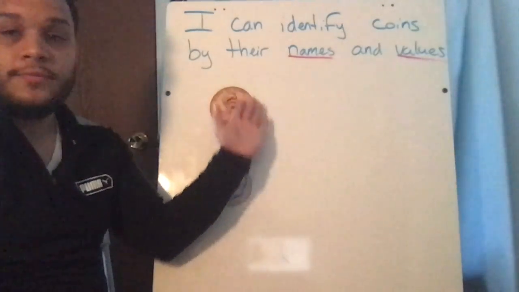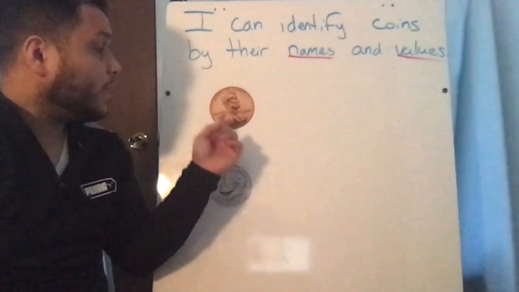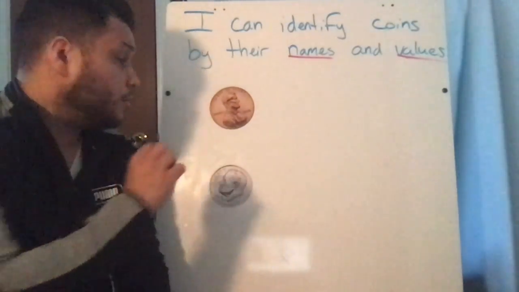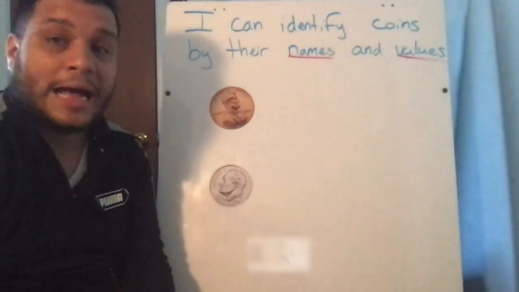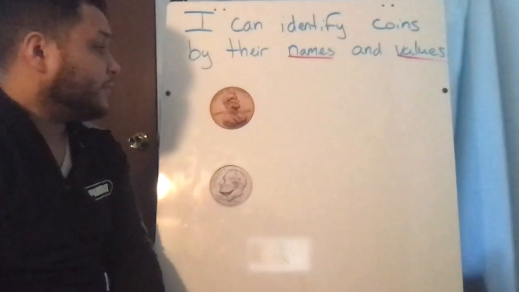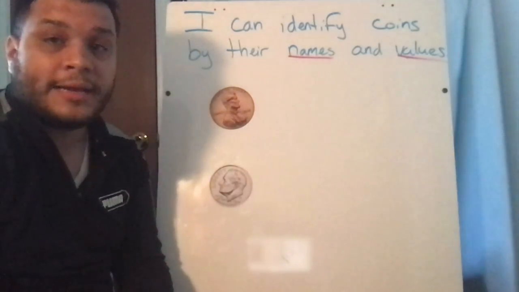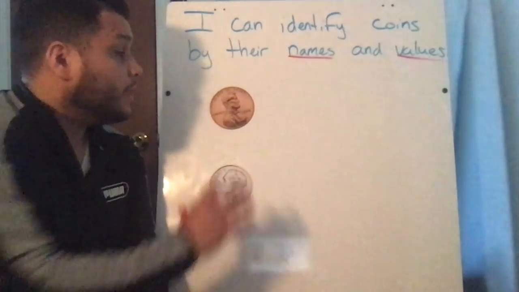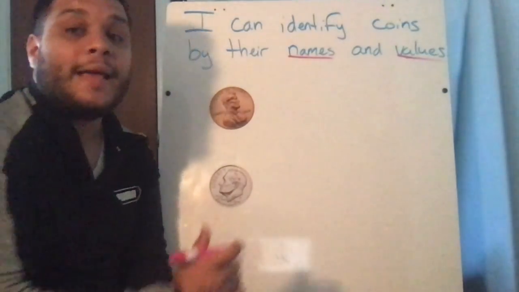So first I want to start off with the names. Our coin that we see here, we see that it is kind of like a brownish color. And a real coin like this is made out of copper. The president who is in the front is President Abraham Lincoln. This coin we call a penny.